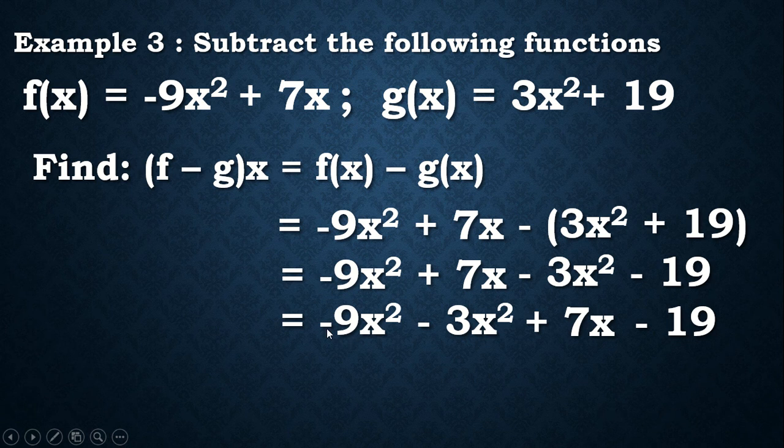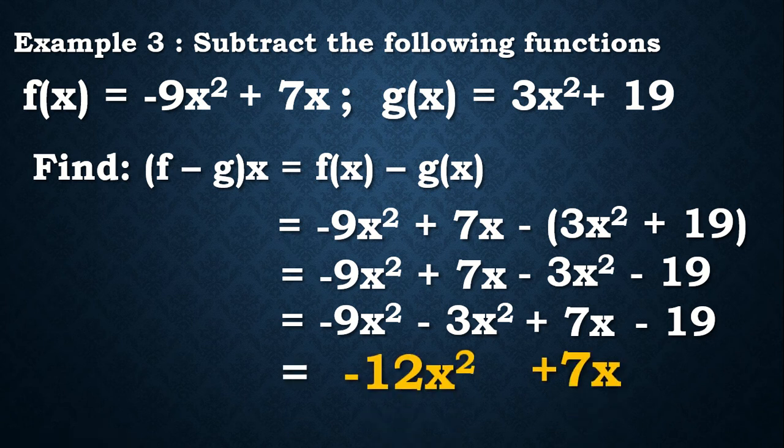If you are adding two consecutive negative numbers, you simply add the 9 plus 3, and that is 12. The sign will always be negative. We have negative 12x squared. Bring down plus 7x and minus 19. So this will be our answer for example number 3: negative 12x squared plus 7x minus 19.